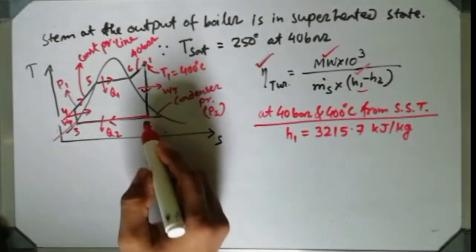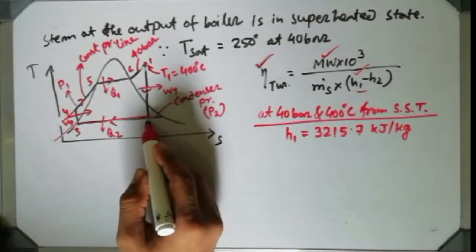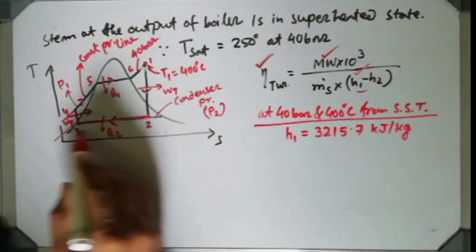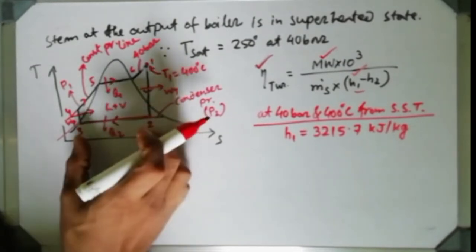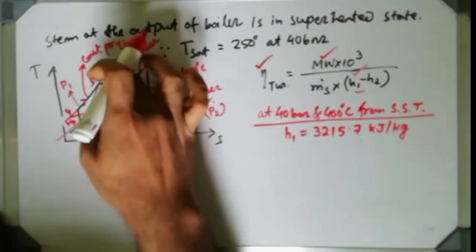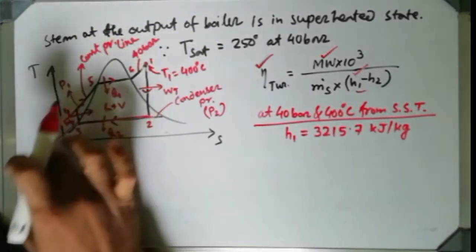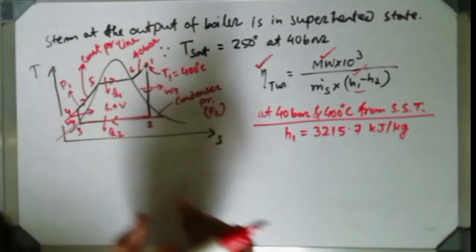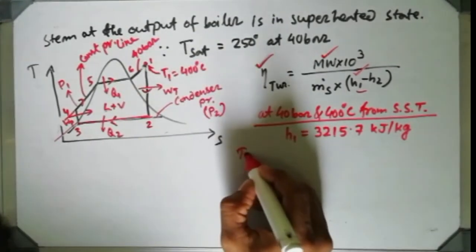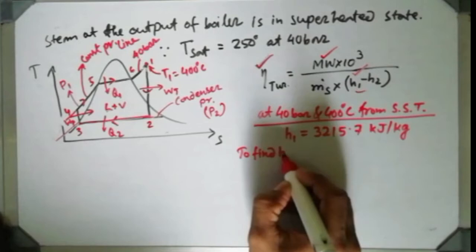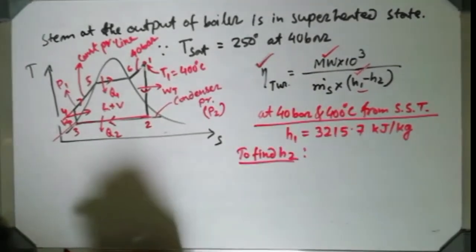Then try to find out H2. Now H2 is the problem because point 2 is lying inside this liquid vapor mixture zone. It is not lying on the vapor line, it is not lying on the liquid line, it is lying inside the liquid vapor zone. So to find H2, what do we have to do?